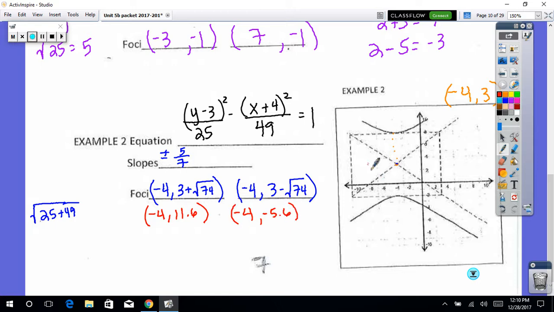Okay, again, that's if you want to graph it. So it's right here, and then 11.6 is up here somewhere, and -5.6 is about right there. Now I got a little crooked. Okay, flip it. Let's do some more practice.